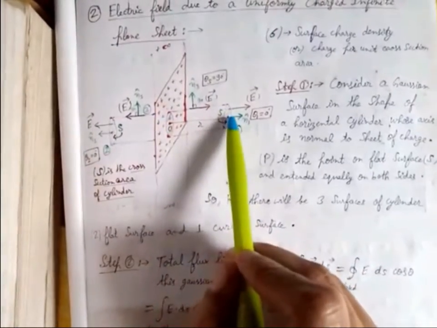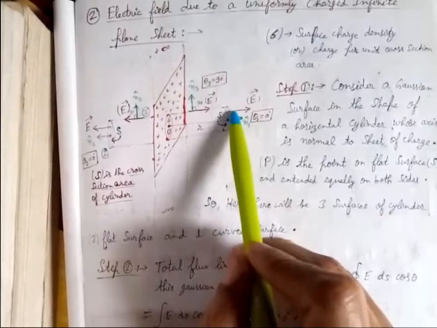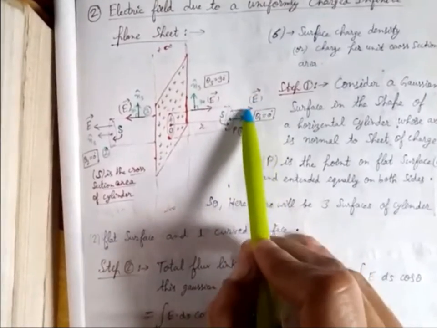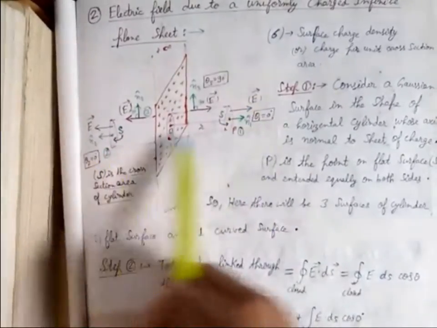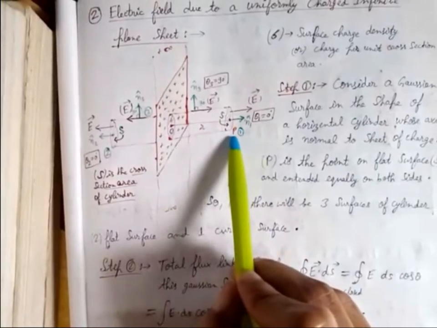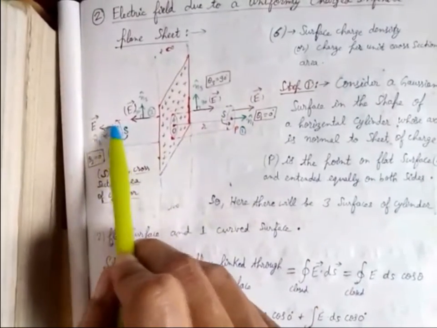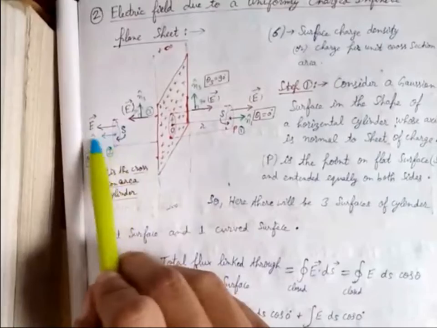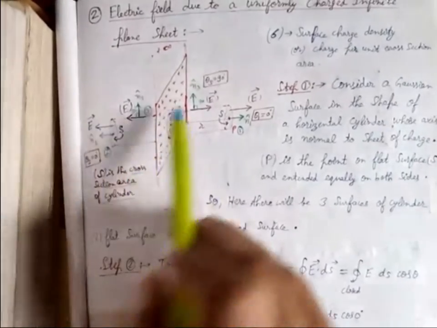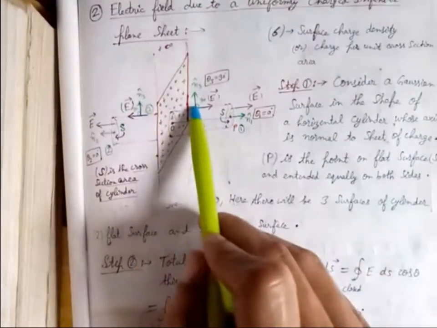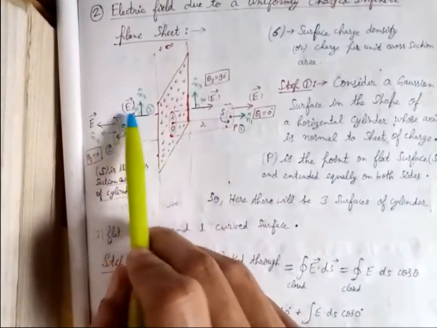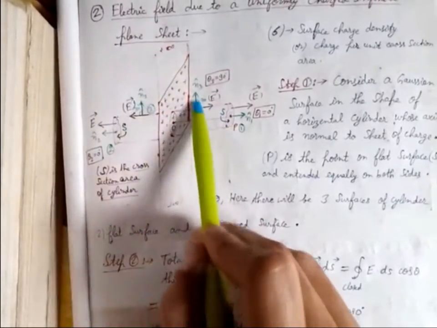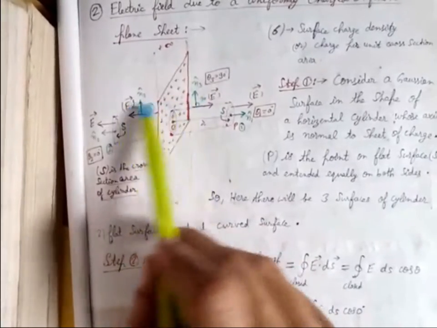I have shown you that the direction of the electric field will be along this direction in surface 1, along this direction in surface 2, and in surface 3 along this direction. With respect to the area vector, they are forming a 90-degree angle.